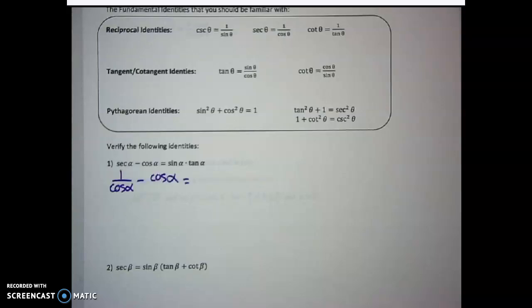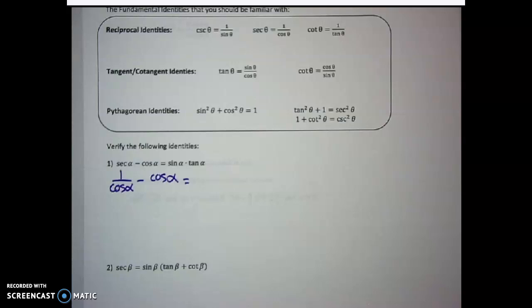Well, secant is 1 over the cosine, so now I have the left-hand side in nothing but cosine. And if you notice, on the left-hand side I have them being subtracted, and on the right-hand side I have them being multiplied. So somehow I need to get rid of that subtraction, maybe get it in terms of one fraction.